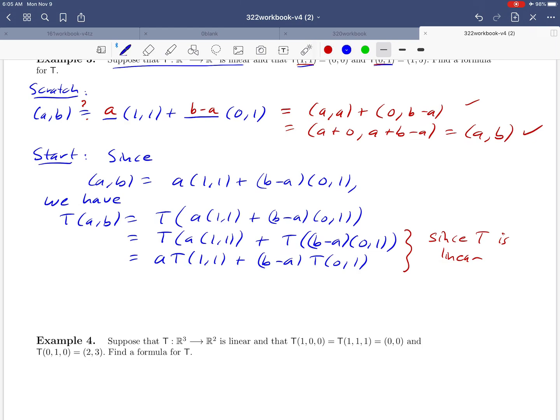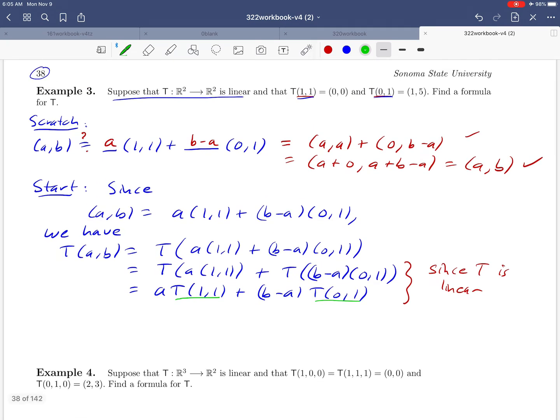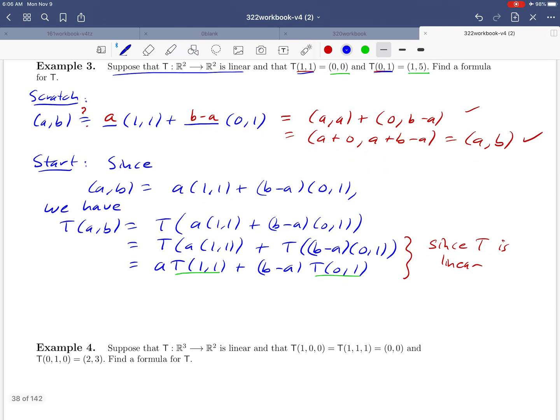Finally, we've gotten it down to a point where we've got T of (1, 1) and T of (0, 1). Those were the 2 points that they gave us in the problem. T of (1, 1) is (0, 0), and T of (0, 1) is (1, 5). So we can go ahead and fill those in. Then A times (0, 0) is (0, 0), that goes away.